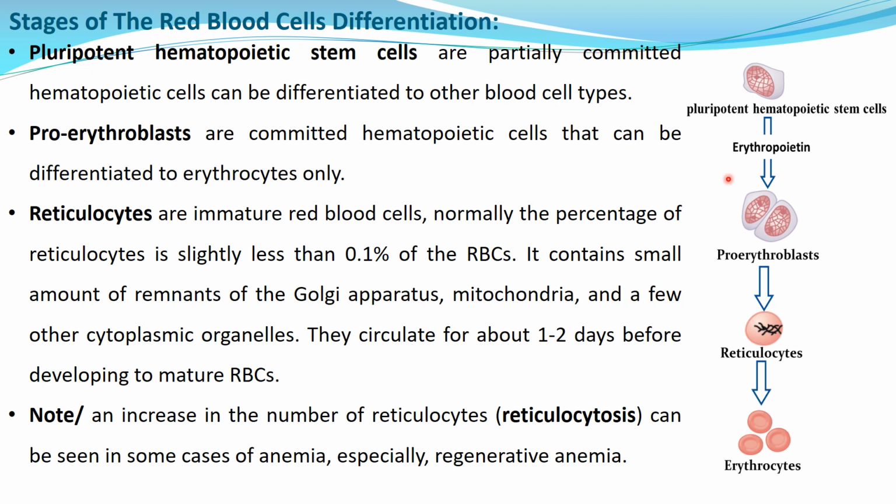The process of erythrocyte differentiation is a complex process, and I try to abbreviate it like this. As we mentioned earlier, the progenitors of the erythrocytes are the pluripotent hematopoietic stem cells.